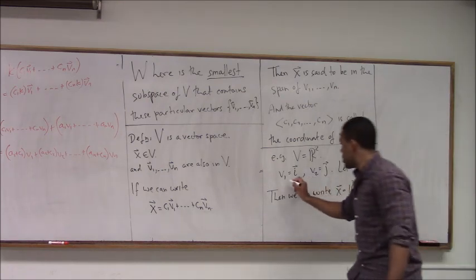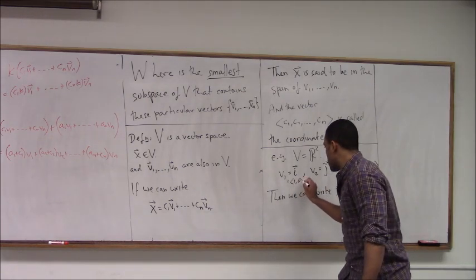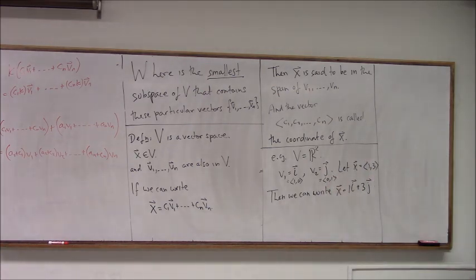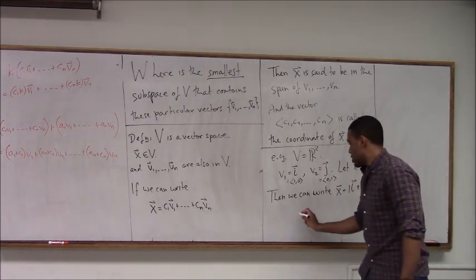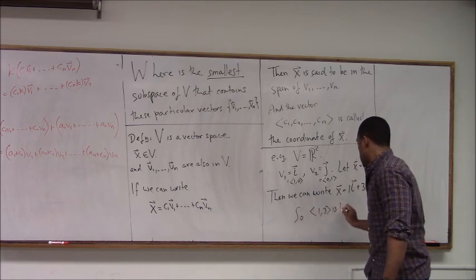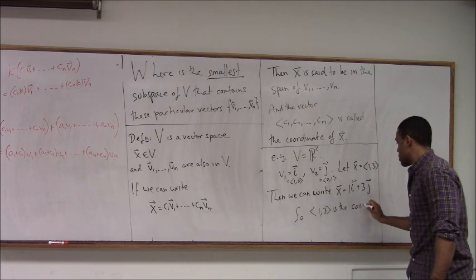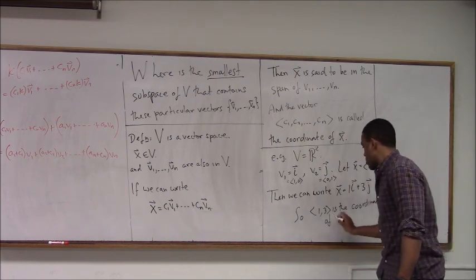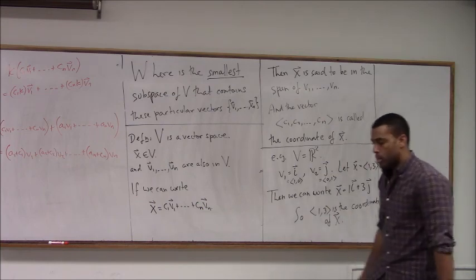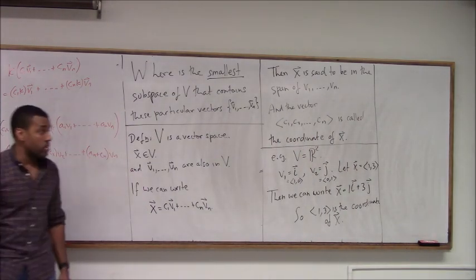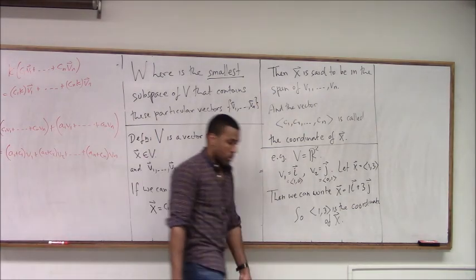And i and j are the usual vectors here: this is (1, 0), this is the vector (0, 1). So (1, 3) is the coordinate vector of x. In some sense, this has the location of x with respect to the vectors v1 and v2.